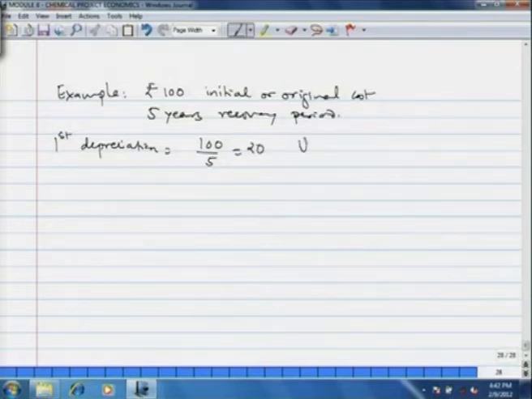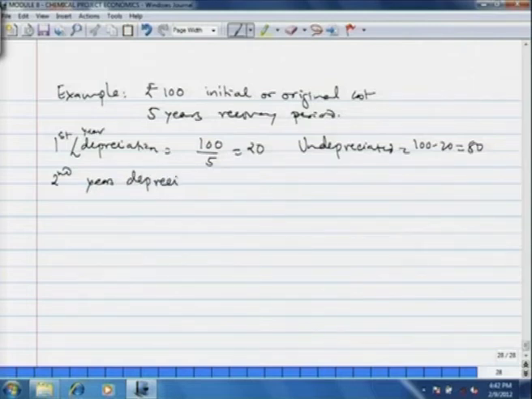Undepreciated amount is 100 minus 20, that is 80, and then for the second year depreciation is 2 into 80 by 5, that is 32.